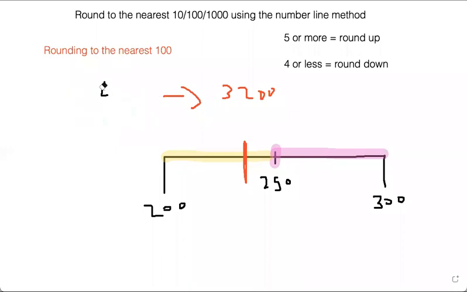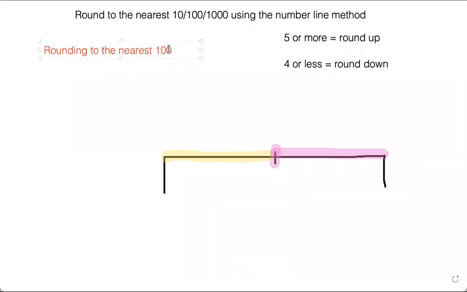And then if we were to round to the nearest 1,000 using the number line method, let's say, for example, we're rounding 8,432 to the nearest 1,000. We're looking at all 4 numbers because it's nearest 1,000. And we say 8,432 is between which thousands numbers?